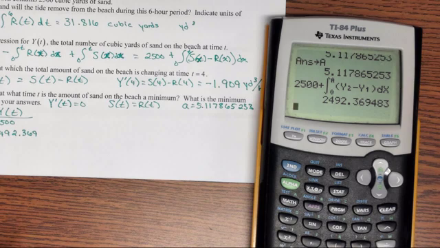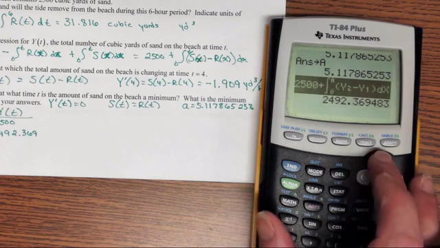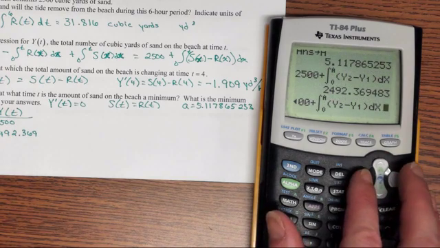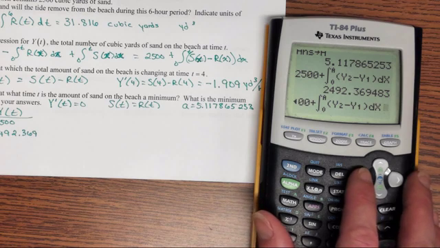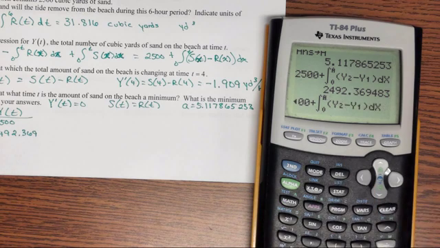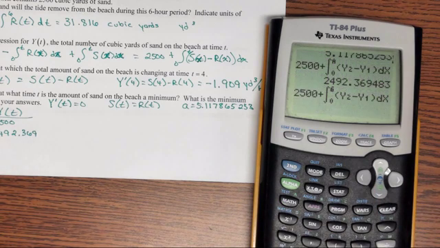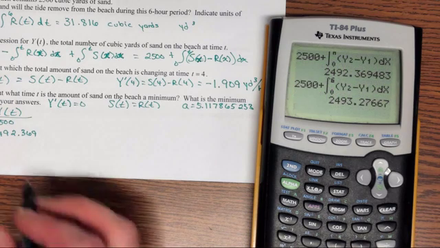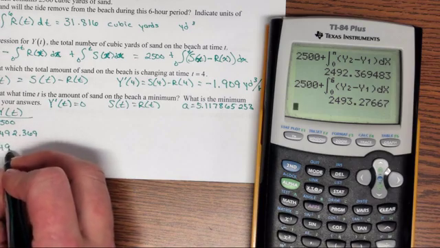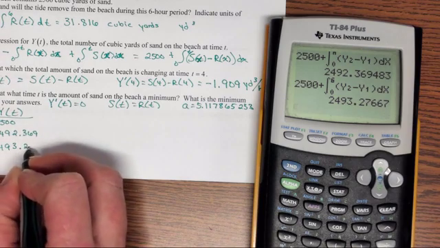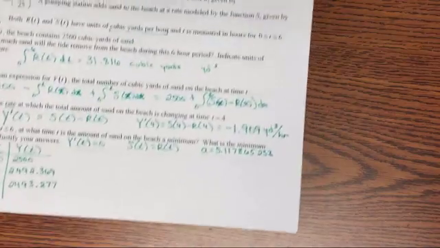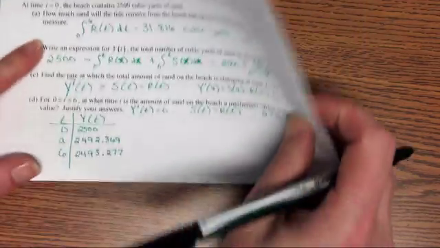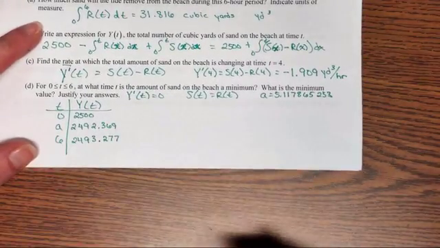I also need to find out how much sand there was at time 6. I'll just go in here and change it. Instead of A, let's make that a 6. 2,493.277. Okay, so I've checked my endpoint. I found the point where my derivative is 0.